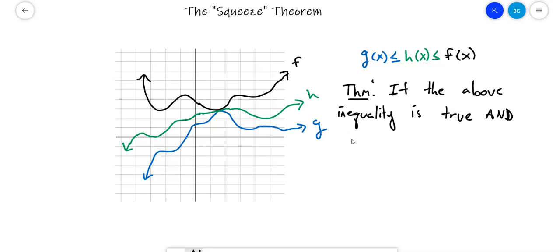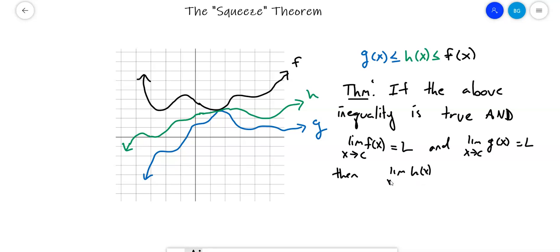We have the limit of f of x as x goes to, we'll just say c, let's say that's equal to L. And the limit of g of x as x goes to c, if that's also equal to L, then the limit of h of x as x goes to c has got to be equal to L. So that is the squeeze theorem right there. As long as this inequality is true, and we know these two limits are true, this third limit must follow.